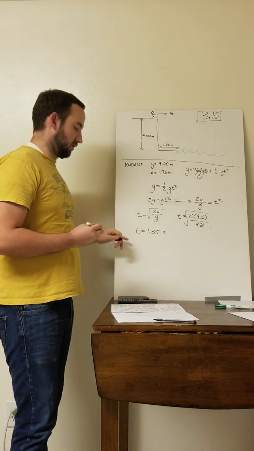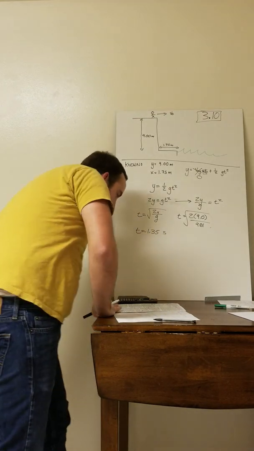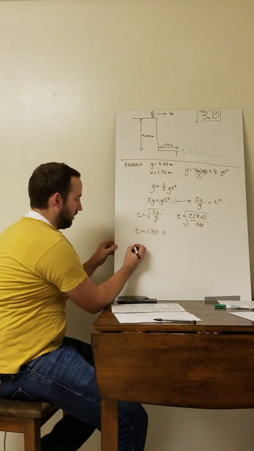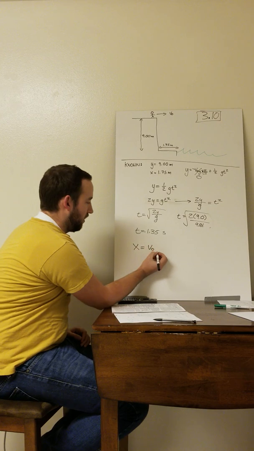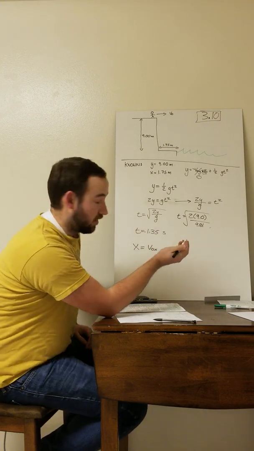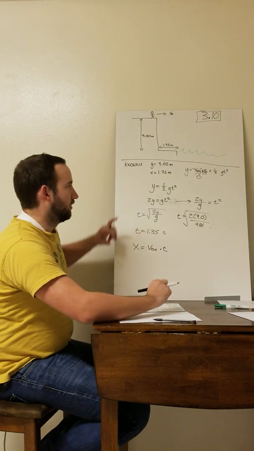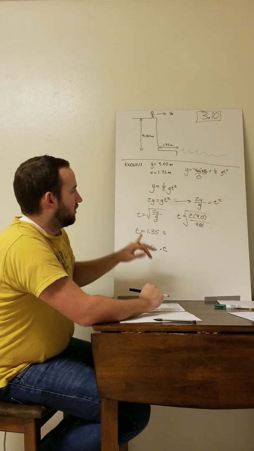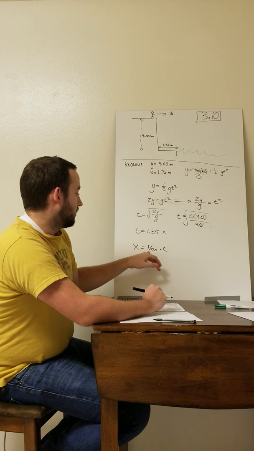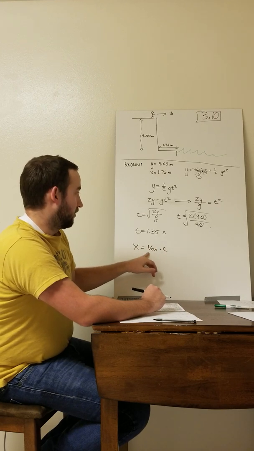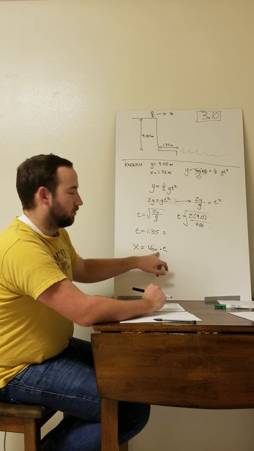So we're going to use one of our other equations: x equals v0x, the initial velocity in x, times time. The only difference is that we don't deal with gravity in this one, because gravity is only in the y direction. We already know what x is, and we already know the time. This is the variable we want to find.